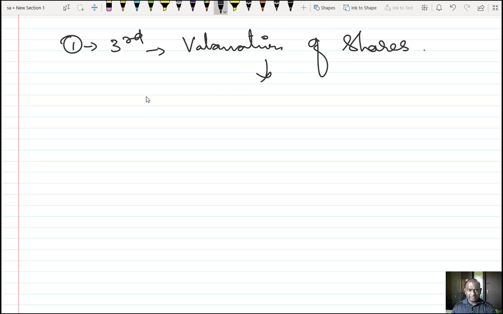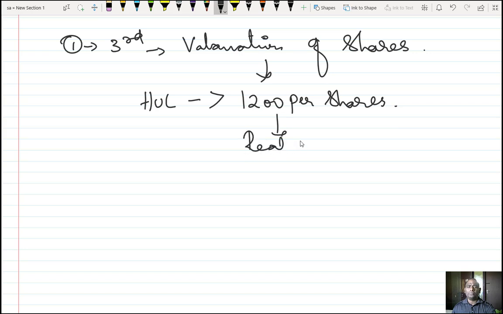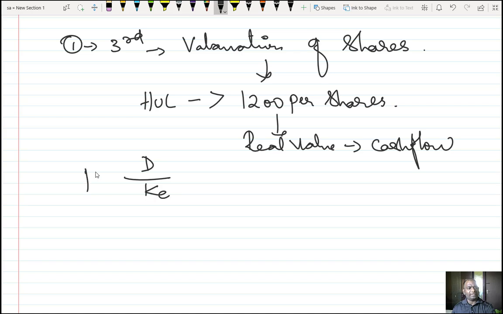For example, if Hindustan Unilever Limited is trading at 1200 rupees per share in the stock market, what is the real value of this 1200? So we work out based on cash flow, your dividend divided by Ke, the dividend by cost of capital, which would have given you the valuation of share.